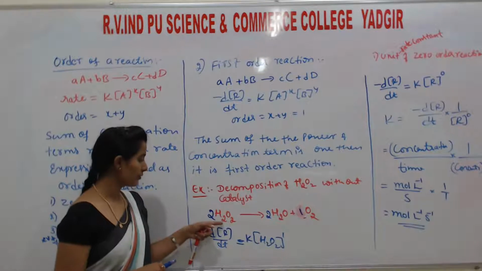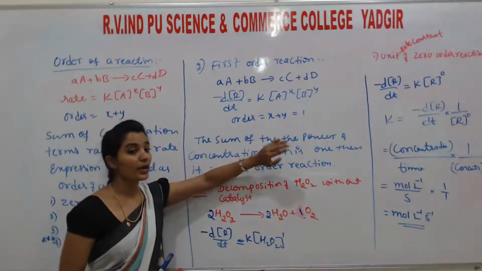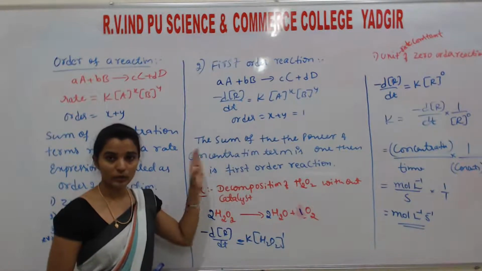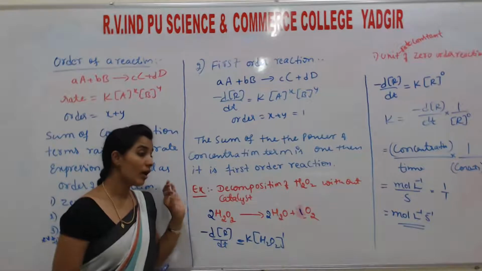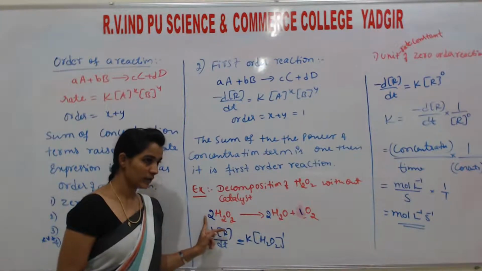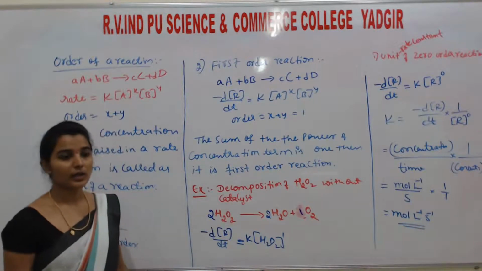Understand? It is a balanced reaction only. So, as I told you, x plus y may or may not be equal to the stoichiometric coefficients, correct? May or may not. So here 1 is there, here 2 is there. So it is not equal. Understand? It is simply a balanced chemical reaction.